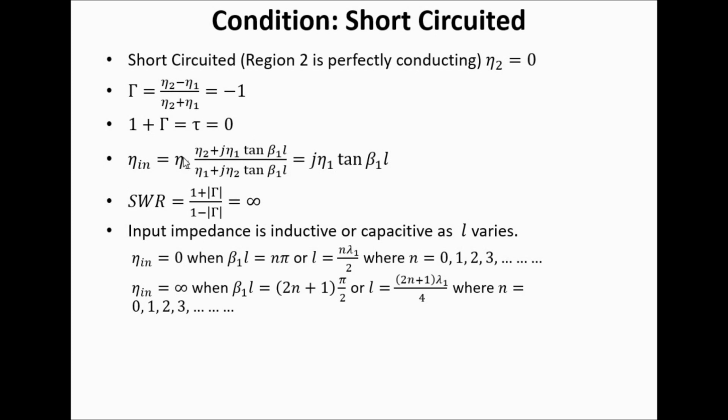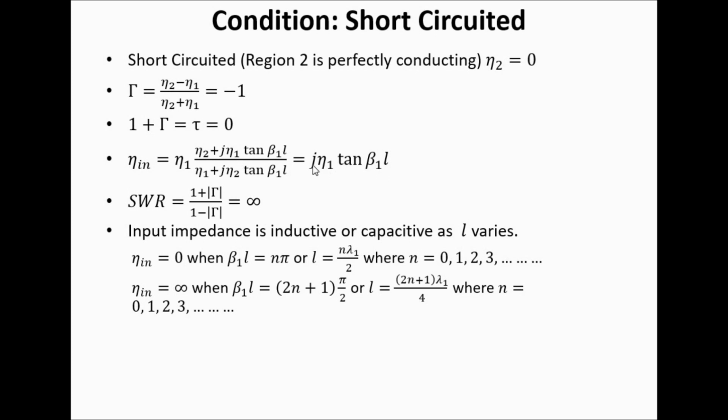And the input impedance, you will get an equation like this. If you put eta 2 equal to 0, it will be j eta 1 over eta 1, tan beta 1 L. So if you cancel eta 1 and eta 1, you will get j eta 1 tan beta 1 L. So you can produce any inductive or capacitive impedance, not resistive impedance.